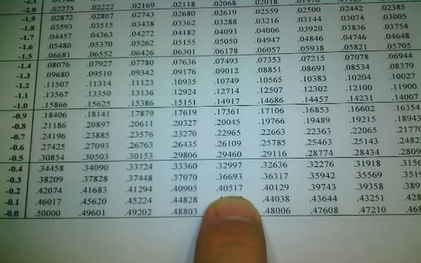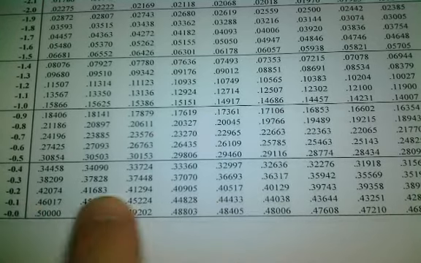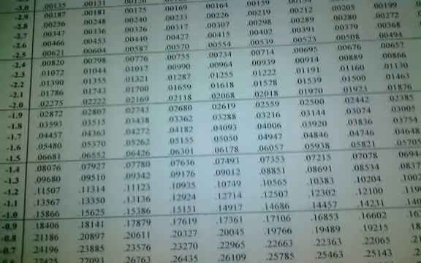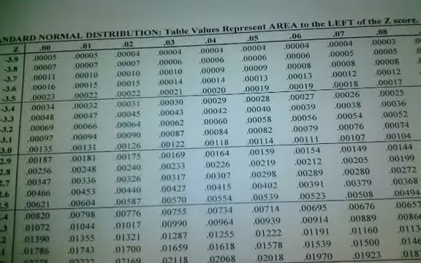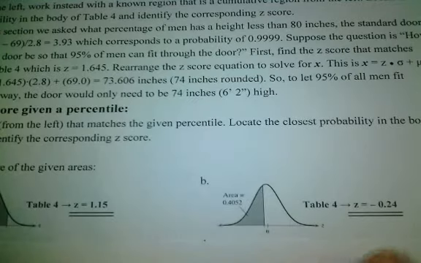So to 4 decimal places would be 0.4052, and that is negative 0.2, and then that is in the column 0.04, and so that's how we got our negative 0.24.